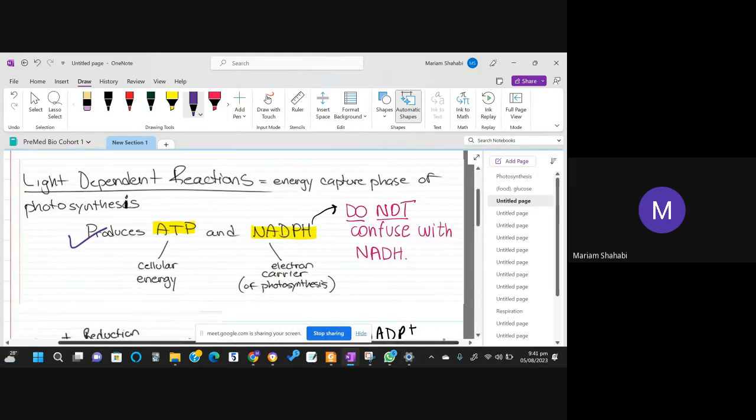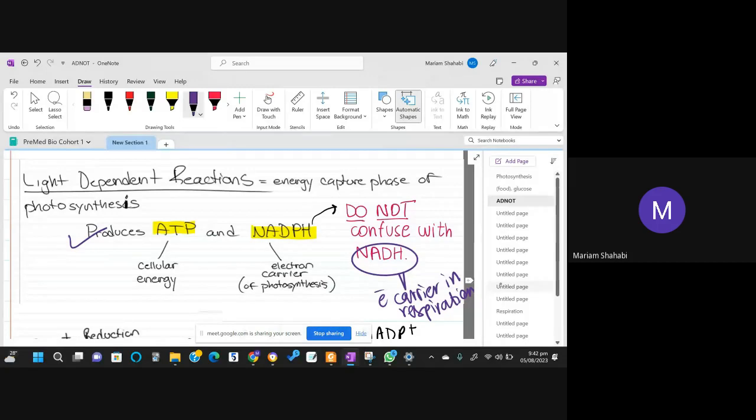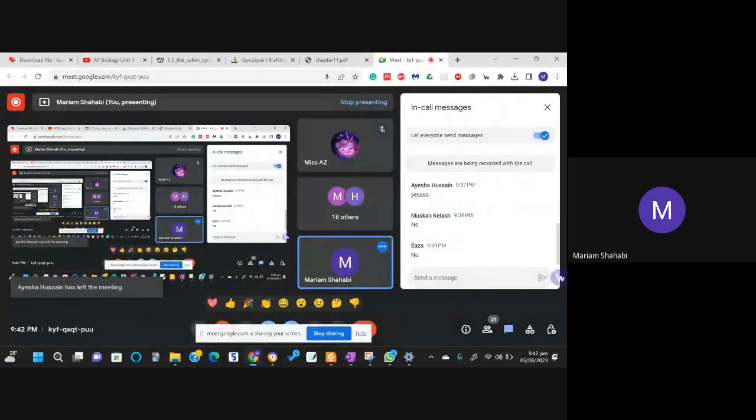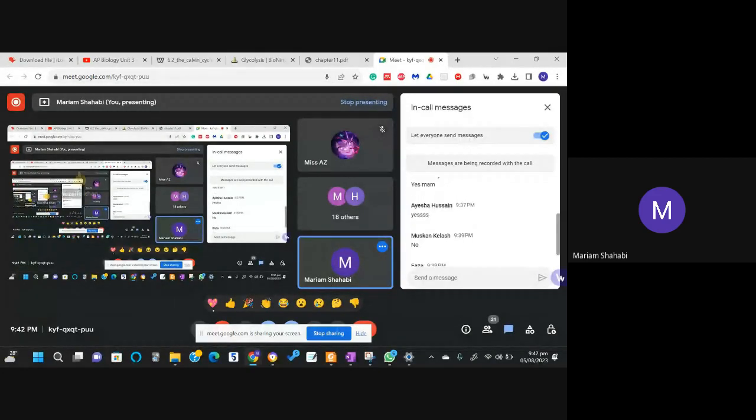Do not confuse this with NADH, because NADH is the electron carrier in respiration. NADPH is the electron carrier of photosynthesis. Any questions so far? Anything that was problematic?